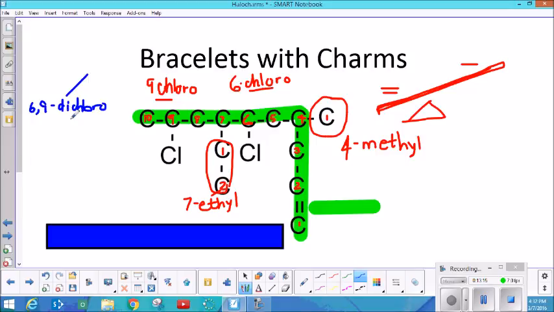I wasn't counting carbons, so I don't use carbon prefixes to say how many I have. I go back to my Greek prefixes, which of course, if you remember, they were mono, di, tri, and tetra were my numbers 1 through 4. So mono, di, tri, tetra. And so this is a 6,9 dichloro.